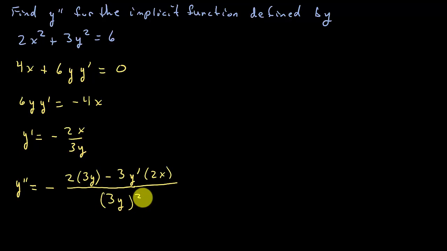All right, so now let's kind of clean this up a little bit. So I'm going to get y double prime is negative, that's going to be 6y minus 6x y prime over 9y squared. All right, so now I need my answer in terms of x and y, okay? But the problem I have is I have this y prime right here.